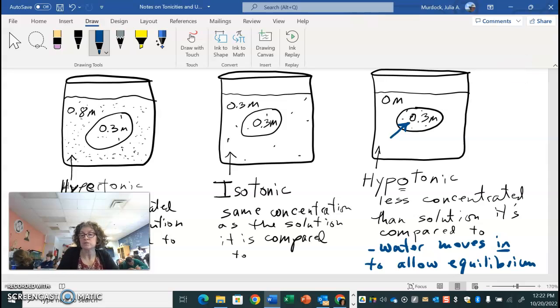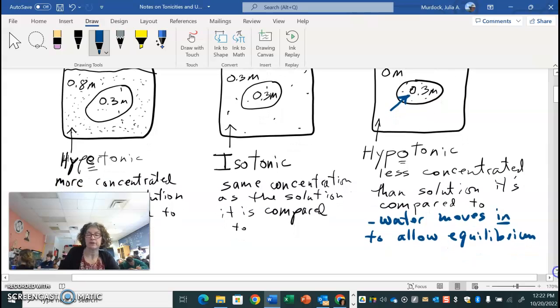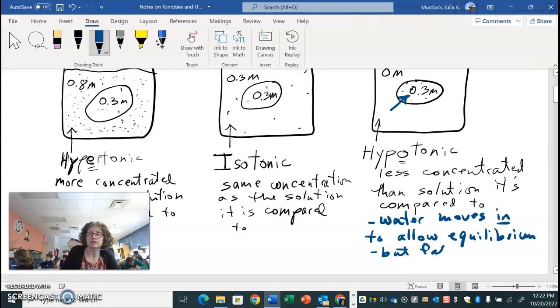But since this almost can't ever reach equilibrium, the fate of an animal cell, since it doesn't have a cell wall, right?